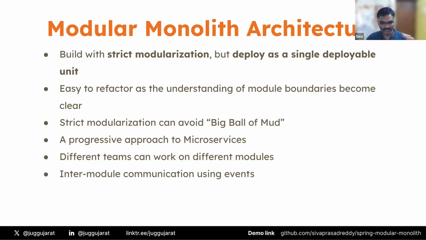Because you are already building this modular monolithic application with each package as independent as possible, it is much easier to extract that one sub-package into its own microservice. So I would say you start with a modular monolith, and then over time, if there is a need to take one of the modules as a separate microservice, it will be much easier to do than starting with the microservices architecture from day one.